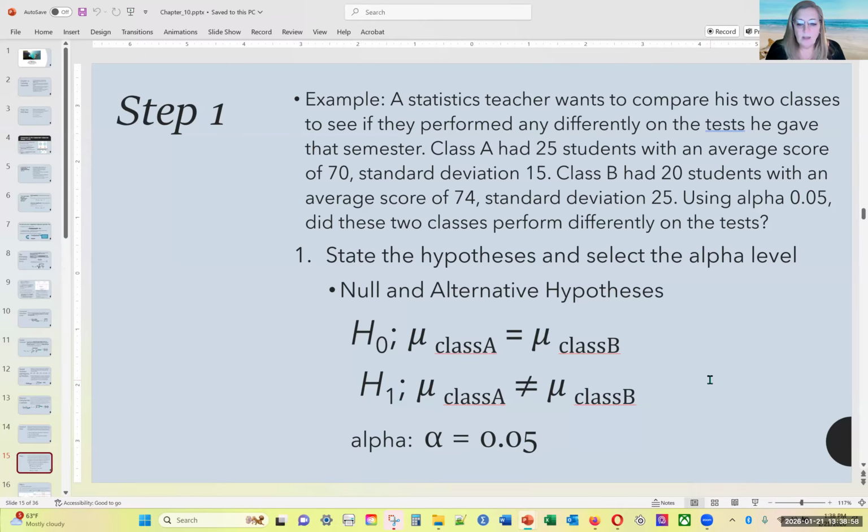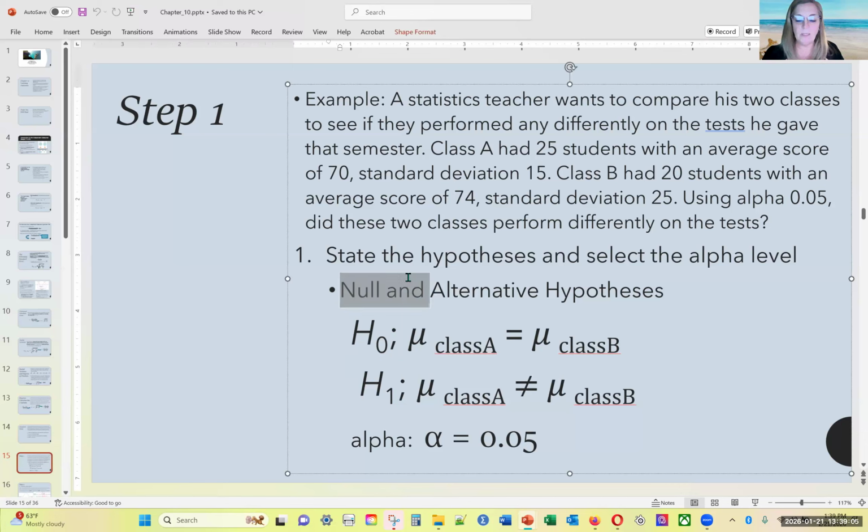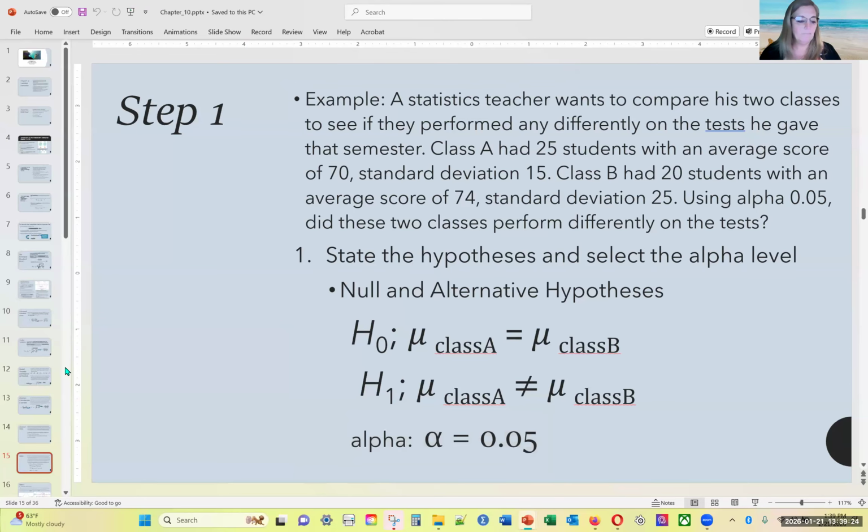We're going to state the hypothesis and select the alpha level. The null hypothesis states that class A is the same as class B. The alternative hypothesis is that class A is not the same as class B, and our alpha level is 0.05. All right, that's step one.